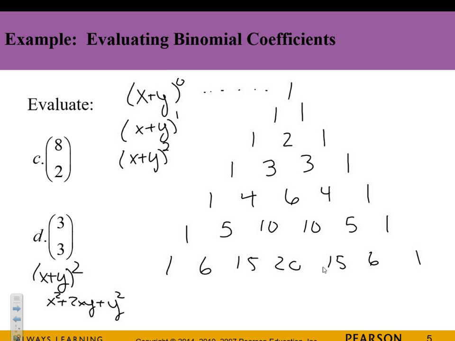Look at the coefficients: 1, 2, 1. So if I was going to do something to the third power, guess what my coefficients would be? 1, 3, 3, 1. Does that make sense? Okay, cool. So I could actually use Pascal's triangle for binomial expansion.